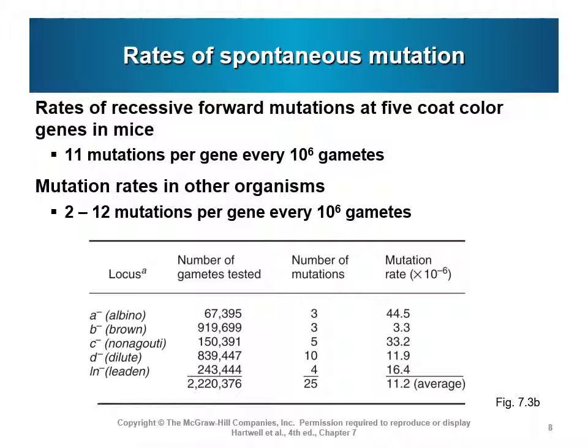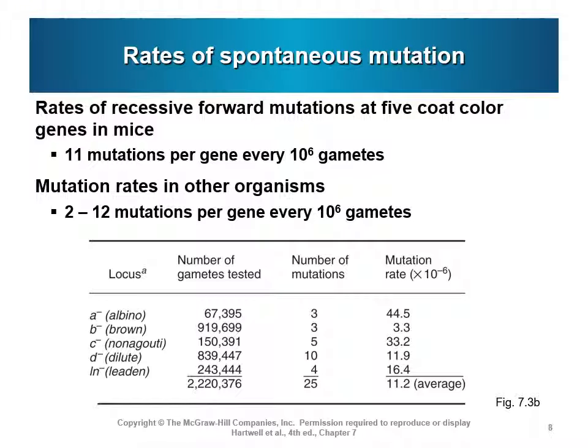There is a table with experimental data provided for rates of recessive forward mutations at 5 coat color genes in mice, and it appears that 11 mutations happen per gene for every 1 million gametes.